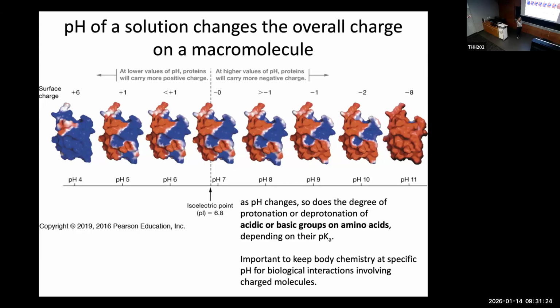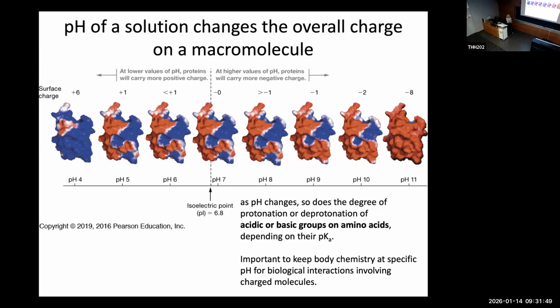Those protons are being pulled off, and so overall, this protein becomes negatively charged. The more basic the solution, the more negatively charged the protein is, because it's donating protons, which have positive charges, away. Now the opposite would be the case if you move this protein into a more acidic solution.